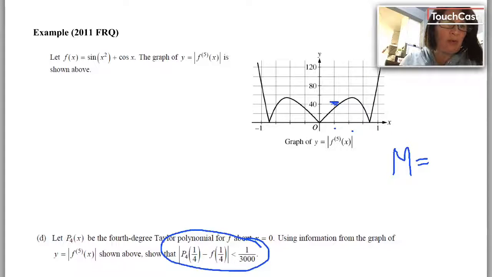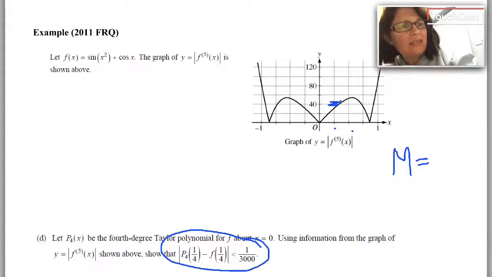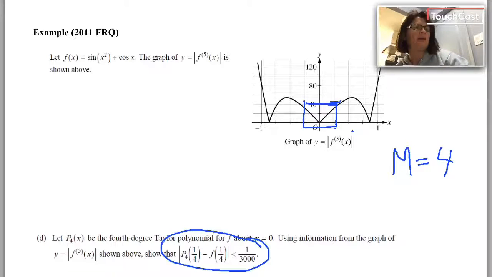I see that 40 is definitely higher than the fifth derivative evaluated at 1/4. And that's an upper limit, all the way from negative 1/4 to positive 1/4. So I'm going to use 40 as my upper limit.